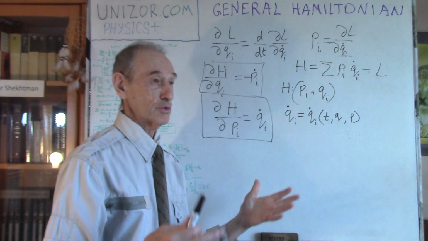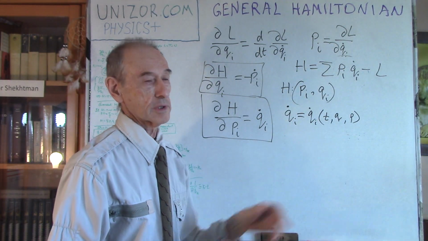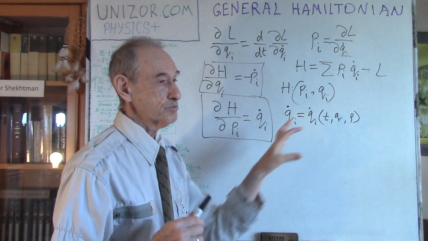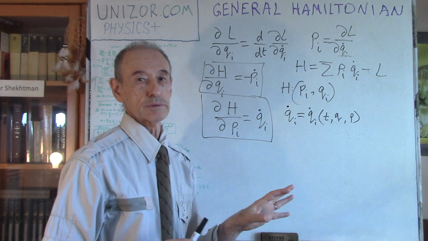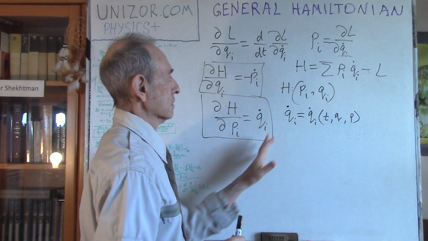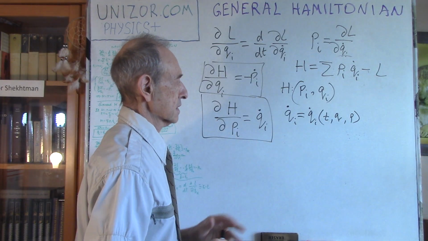So it's actually 2n plus 1 dimensional, considering the time. So this is a purely geometrical viewpoint, right? Okay, so we have basically established this.